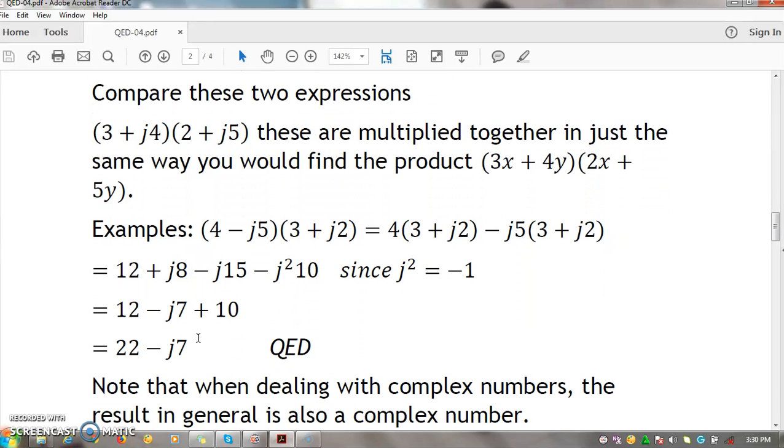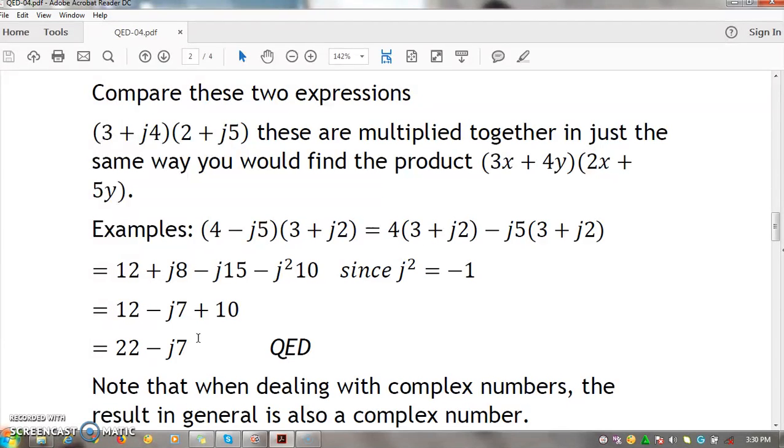We're multiplying 4 minus j5 by 3 plus j2 together. That means we multiply 3 plus j2 with 4 and then with j5, which we did here. And we have 12 plus j8 minus j15 minus j squared 10.